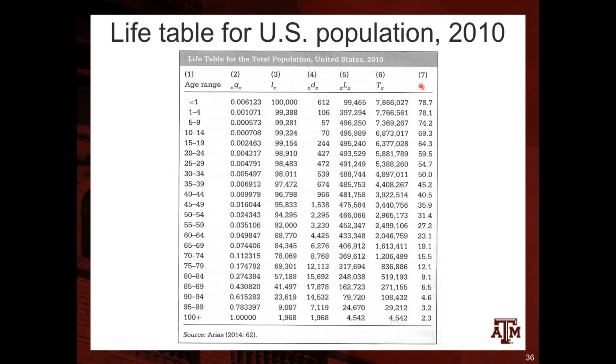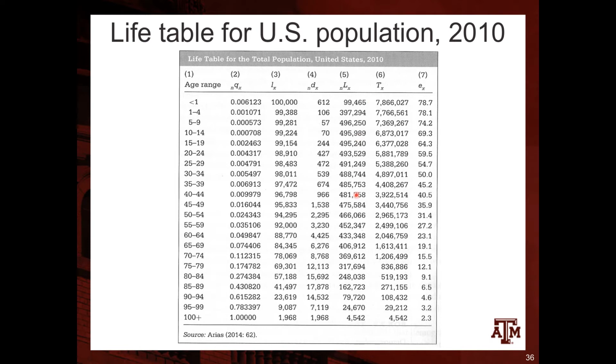And finally, you have the life expectancy for each one of the age groups. This one here is the E0, life expectancy at birth. But we also have life expectancy for each one of the other age groups that we are considering in our analysis. And in this case here, we pretty much get the overall number of years that people lived from here until the end.